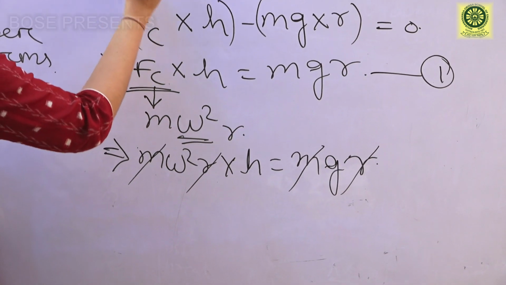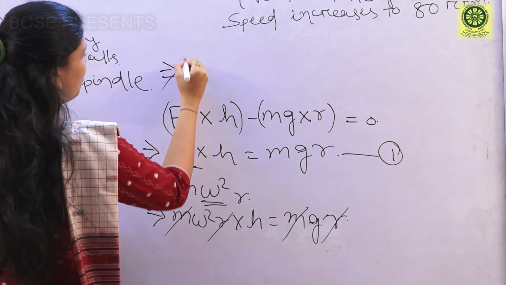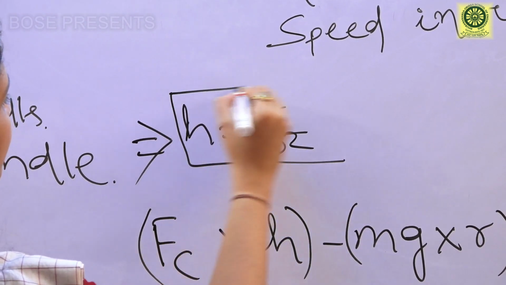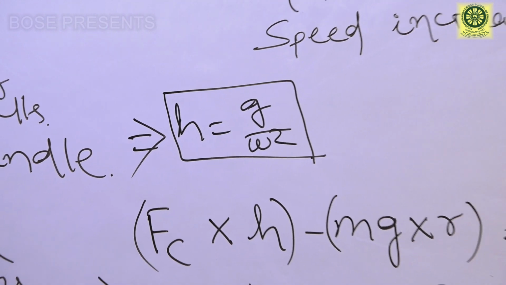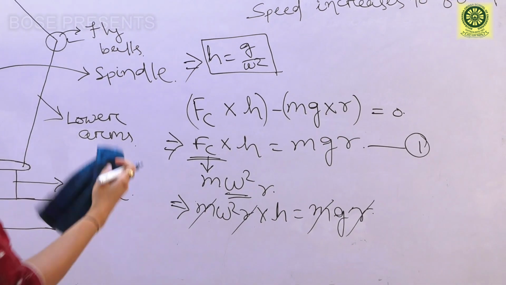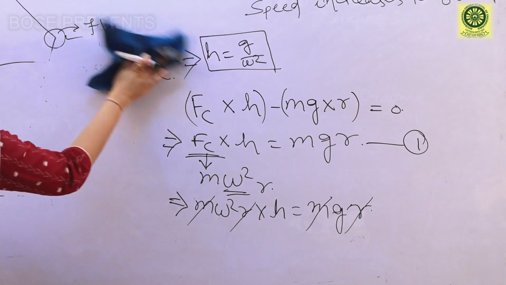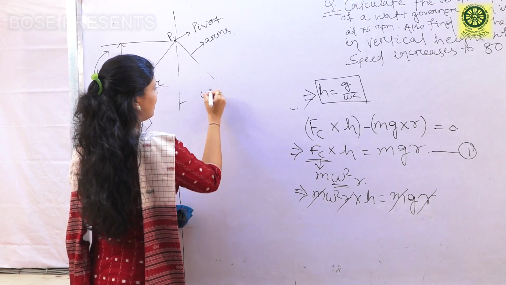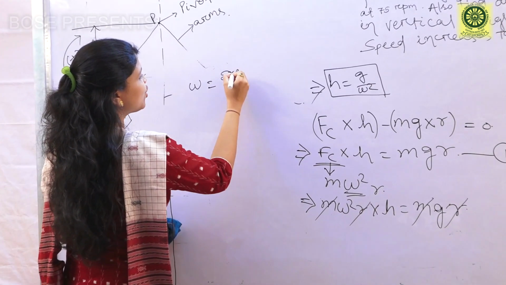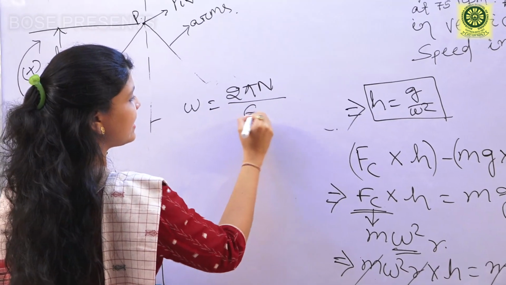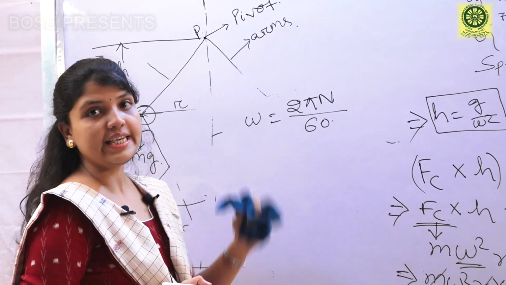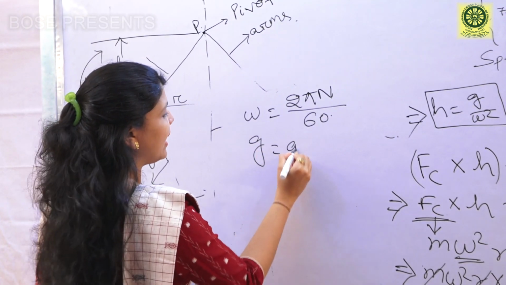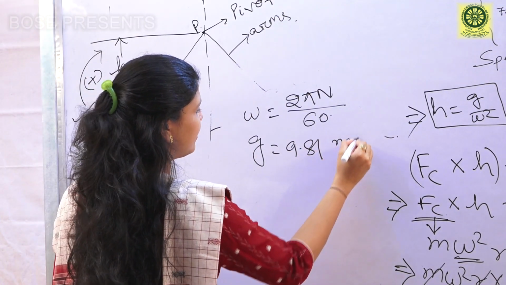So the value of h will be g by omega square. Omega is the angular velocity, and in place of omega we can write omega equals 2 pi n by 60, and g is the acceleration due to gravity, g equals 9.81 meter per second square.